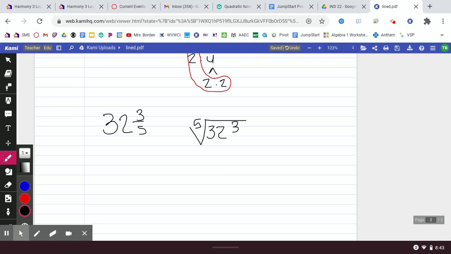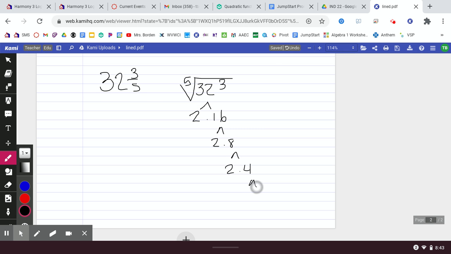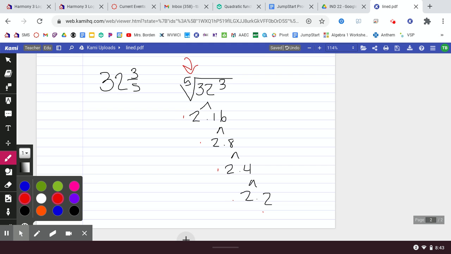Sorry. So if you've got a root that high, don't let it mess with you. Still factor. So you would get 2 and 16, 2 and 8, 2 and 4, 2 and 2, right? And then your root of 5 tells you that you've got to have 1, 2, 3, 4, 5 before you can circle them.